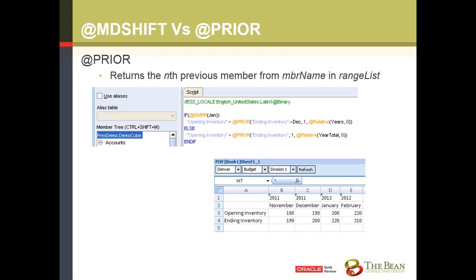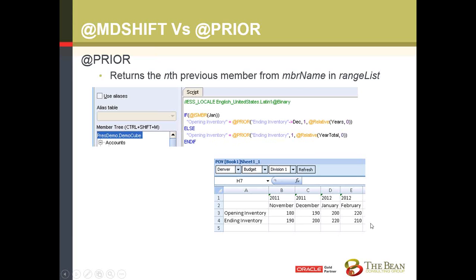A similar way to achieve the same thing is to use @PRIOR. Again, you have to write a little bit more code to do that, and it will not perform quite as well, but sometimes it's a little easier to understand what's happening with this one. What we want to do is, if it's January, then pull December of the prior year, and otherwise, if it's not January, then pull the prior month.